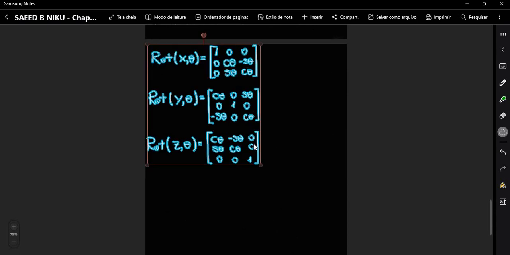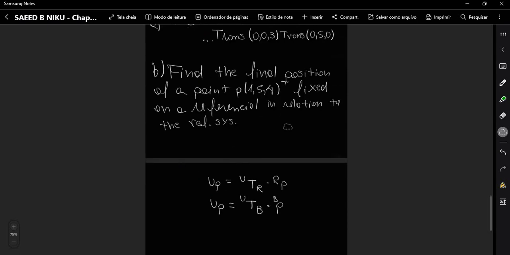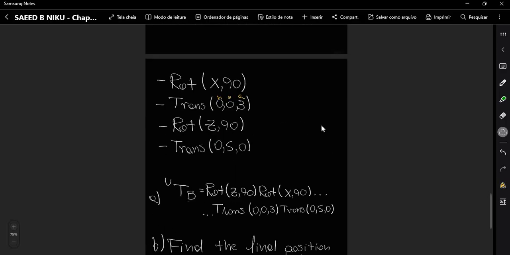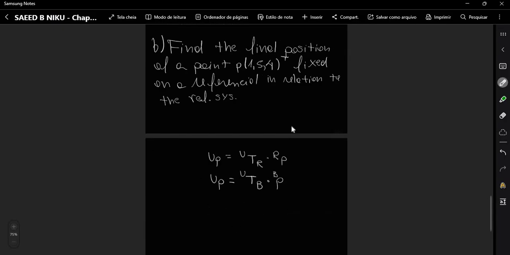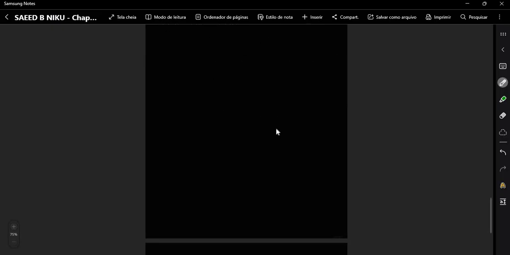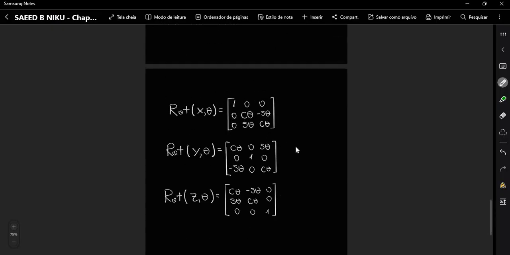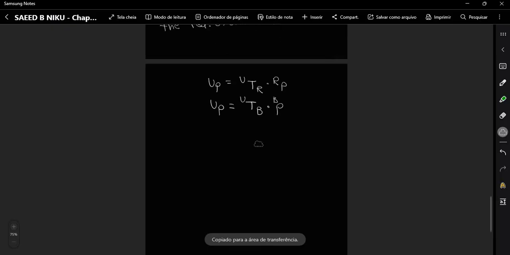Let me paste right here. And the first transformation is around the axis x, and that is the characteristic matrix of a rotation around the axis x.